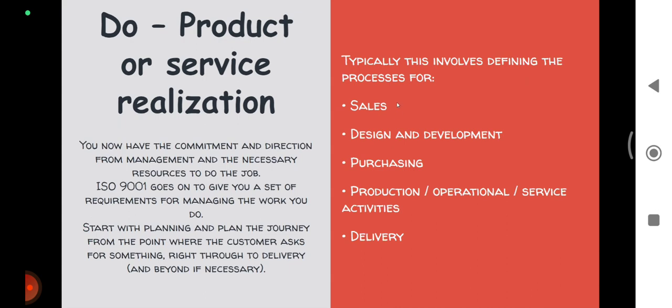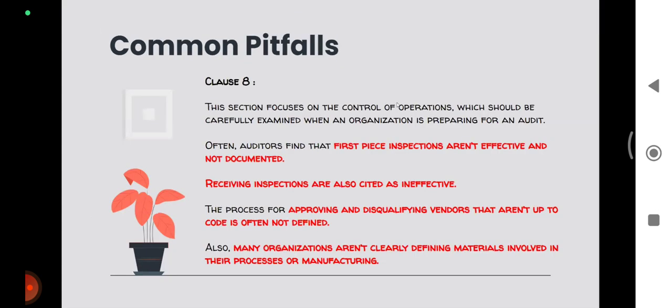The first thing that we have to do is to look at the common pitfalls. One of the common pitfalls is that first piece inspections are not effective or documented. Sometimes the receiving inspections are also cited as ineffective. Also, the process for approving or disqualifying vendors is not up to code.